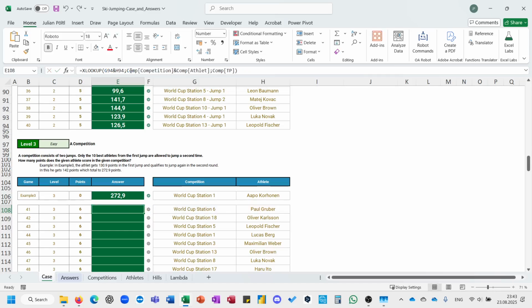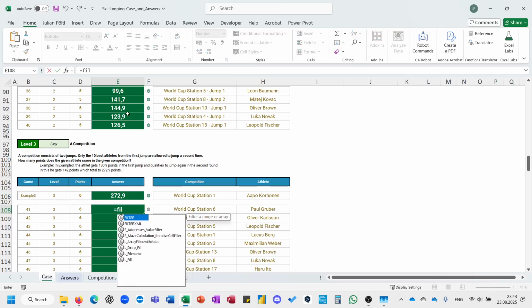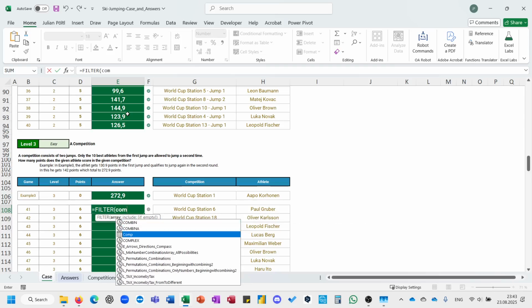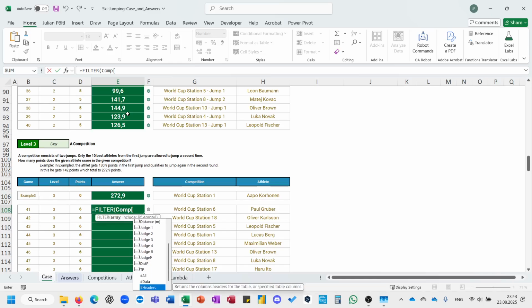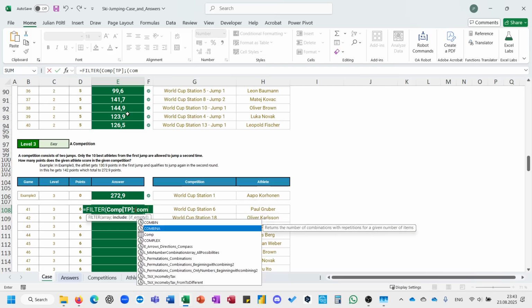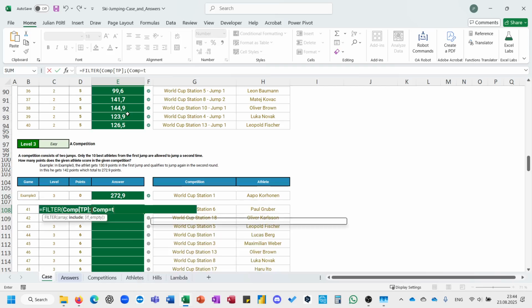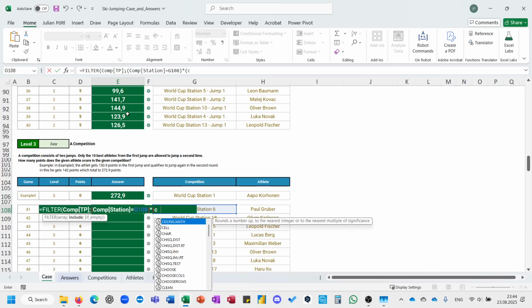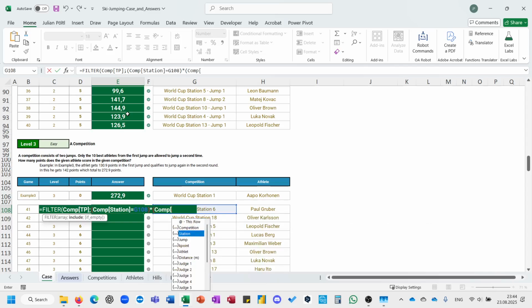Therefore, I use a filter approach: filter comp total points, if comp station equals the station given multiplied with comp athlete equals the athlete given.